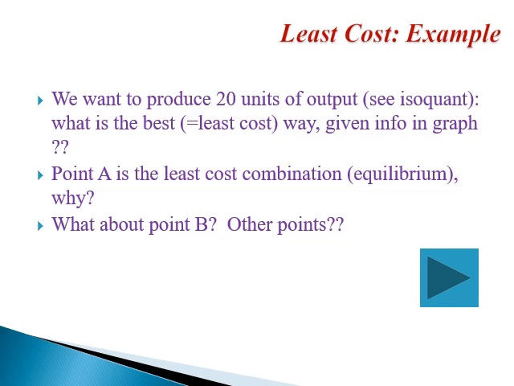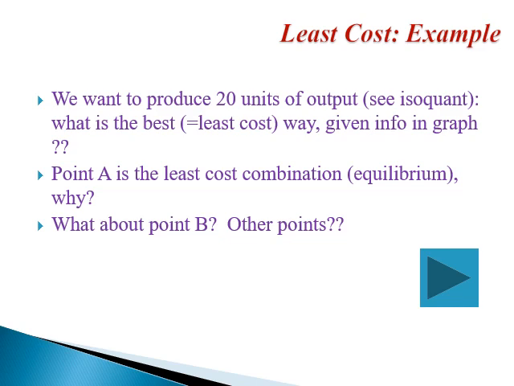At the point of tangency, the slope of the isocost line will be equal to the slope of the isoquant, which means that if you as an individual producer want to produce a given level of output using the least cost of inputs, then you should use the amount of x1 and x2 where the slope of the isoquant is equal to the slope of the isocost line. Which means that the slope of the isoquant, either delta x2 divided by delta x1 or MPP x1 divided by MPP x2, must be equal to Px1 divided by Px2, which is the price ratio between the two inputs used.